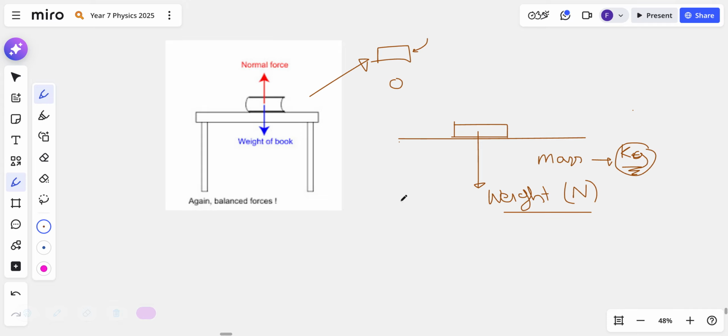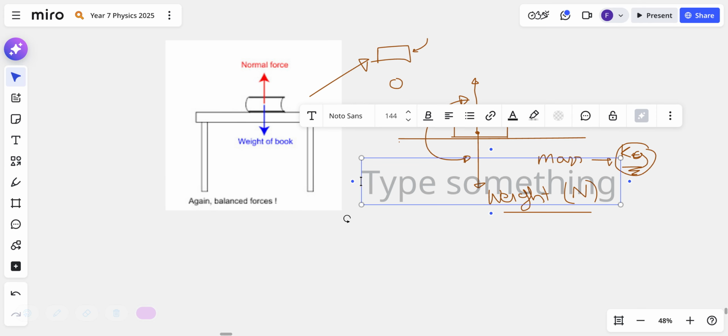This book is not moving. So the table, which sounds really weird, is pushing back upwards. It's called the normal. These two arrows are the same size, but in opposite directions. You don't have to be exact, but pretty close.